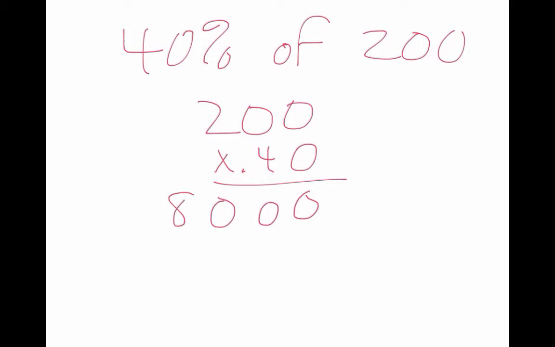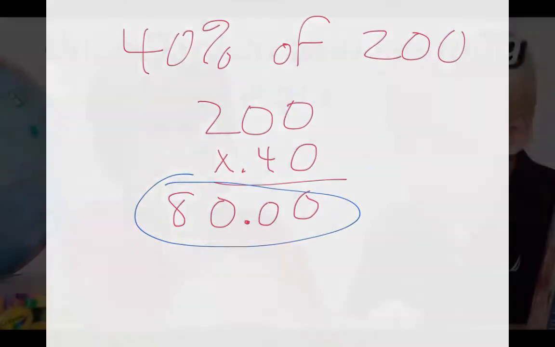I have 2 decimal places here, so I move over 2 decimal places here, put my decimal point, and so now my answer is 80.0, and that is 40% of 200.